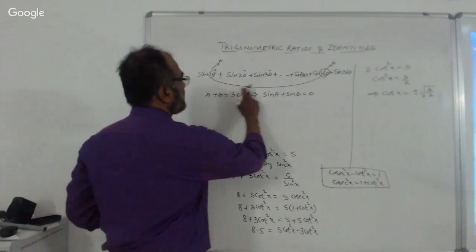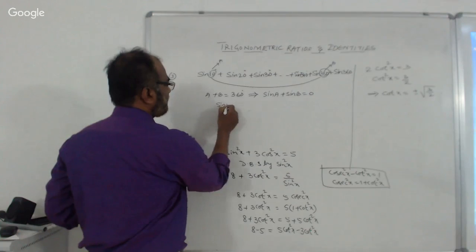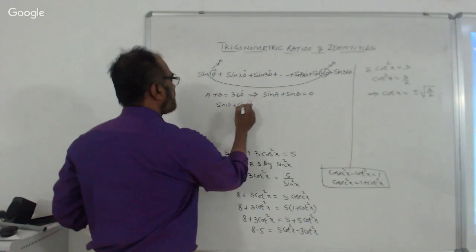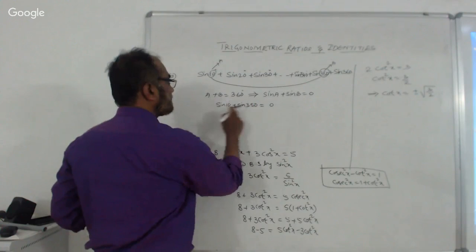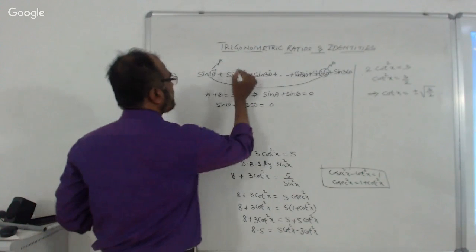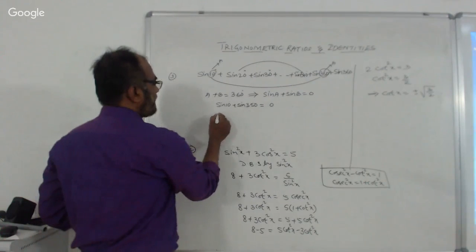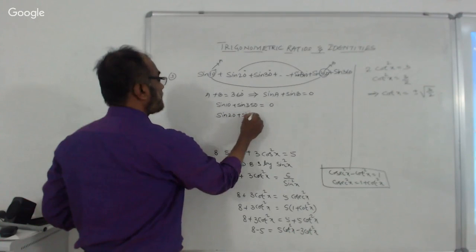So, sin 10 plus sin of 350 is 0 because A plus B is 360. In the same way, sin 20 plus sin of 340.